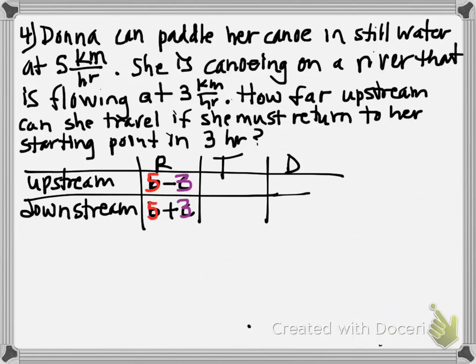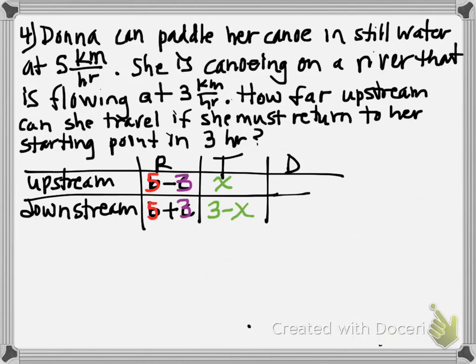So the question talks about how far upstream can she travel. So if we figure how far or how long it takes her to go upstream, then I can use that to plug into the formula to figure out how far upstream she can travel. So downstream would be 3 minus x.